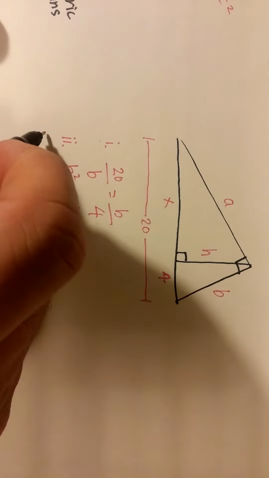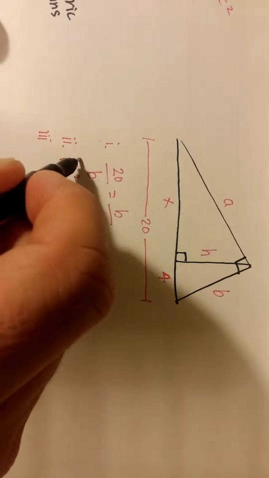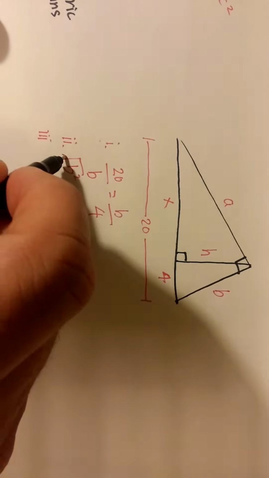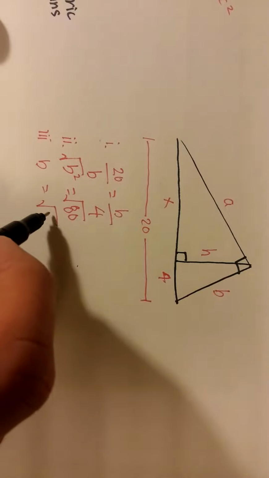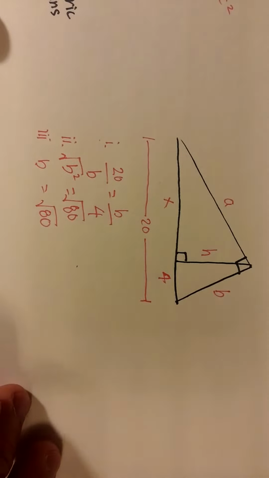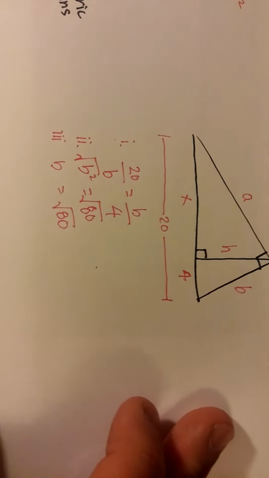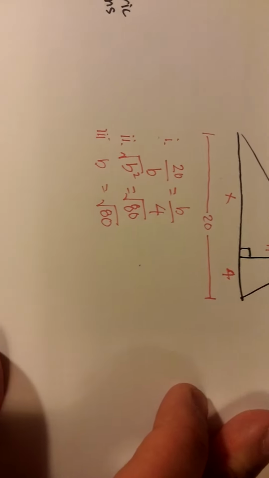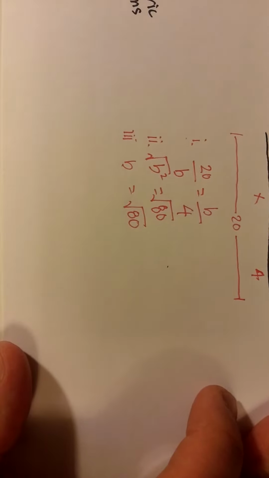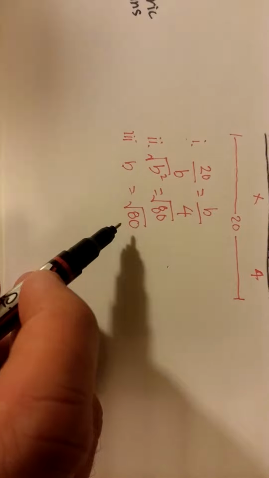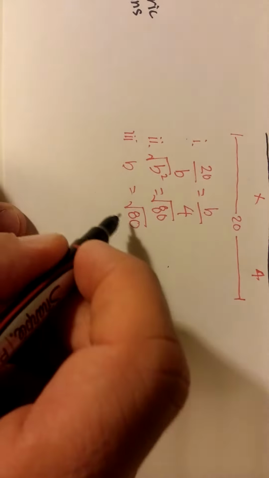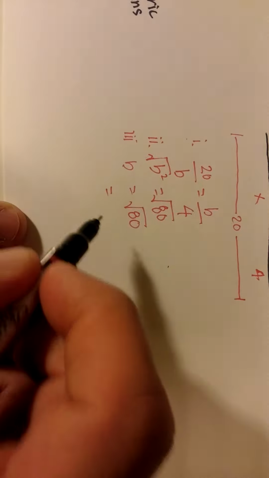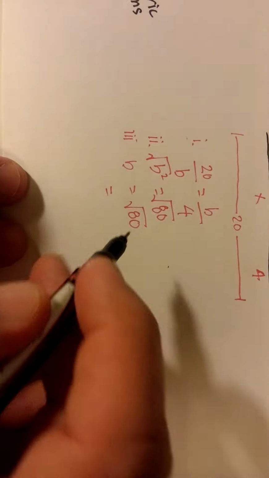Let's take the square root of both sides, and you get b is equal to the square root of 80. Now, we know that the square root of 81 is 9, right? So we know that this is approximately 9, but normally you don't use decimals, really. Normally you leave those in radical form.